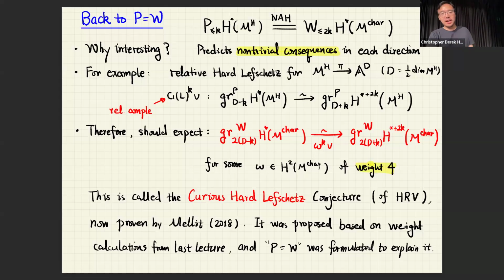This phenomenon is called the curious hard Lefschetz, which was conjectured first by Hausel and Rodriguez-Villegas by their calculations of the weight polynomials, and was proven by Mauri in 2018 using a cell decomposition for these character varieties associated with surface groups.